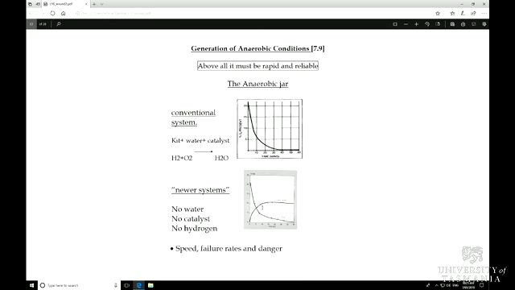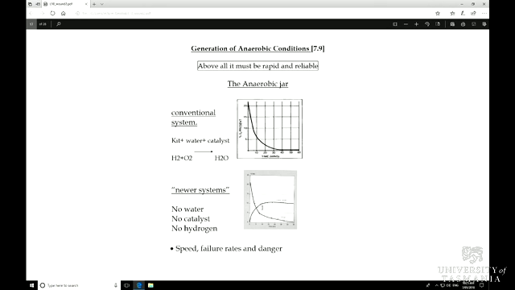Don't get too involved with this quickly, but how do we make our jar become anaerobic? There's more than one way. A simple way is to buy the gas in a big cylinder. It will be a mixture of carbon dioxide and nitrogen. Every single bug that we ever grow likes extra CO2.